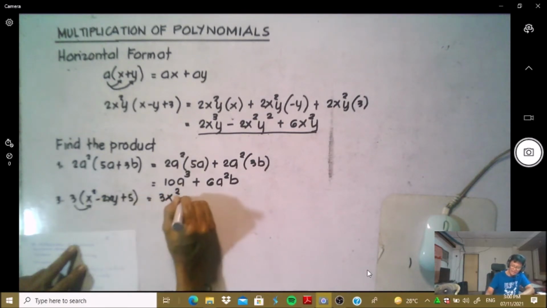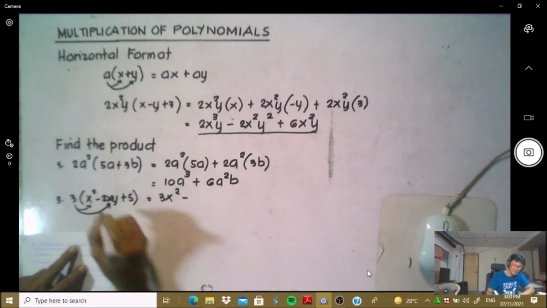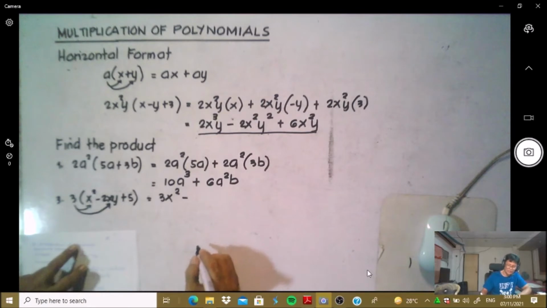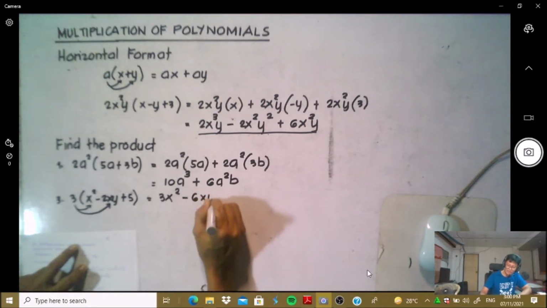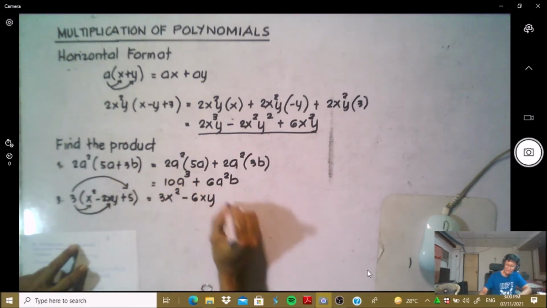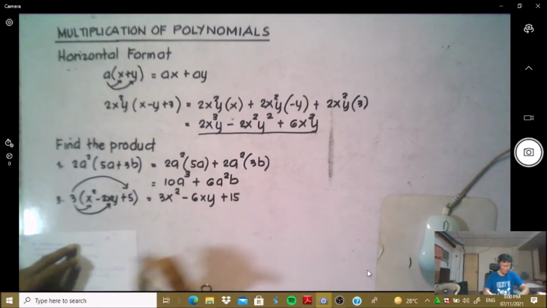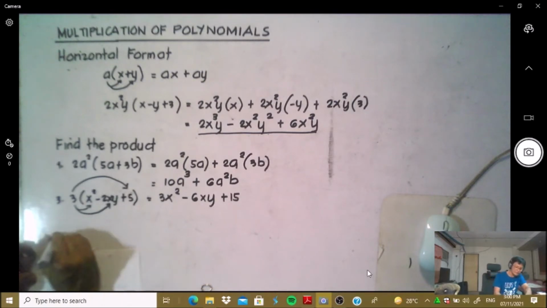Then 3 times negative 2xy will be negative 6xy. Last we have 3 times 5, and this will be equal to positive 15. So we have 3x squared minus 6xy plus 15. Okay, so we have number 4.